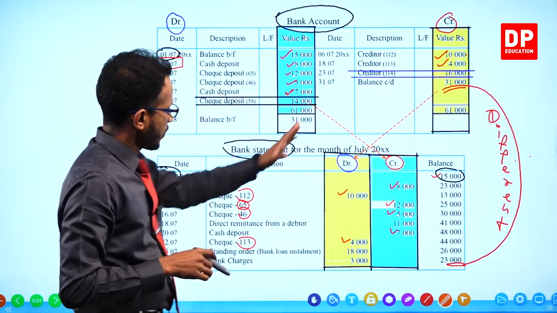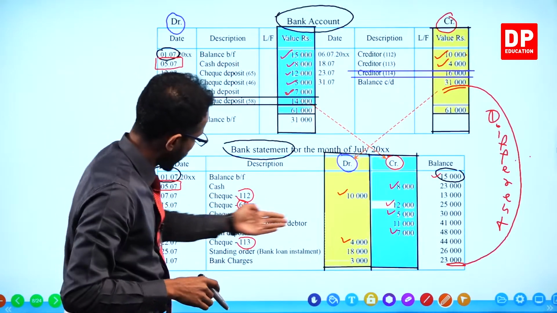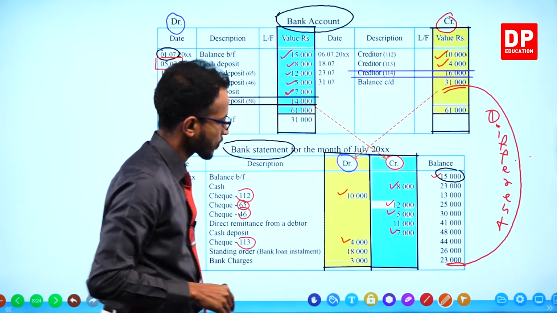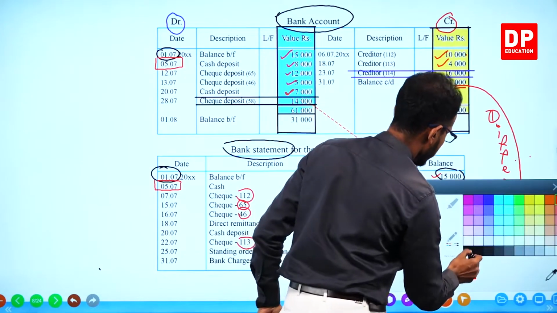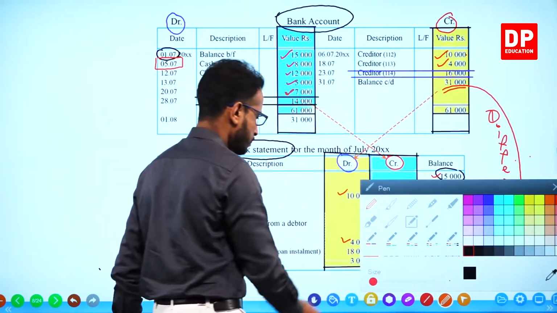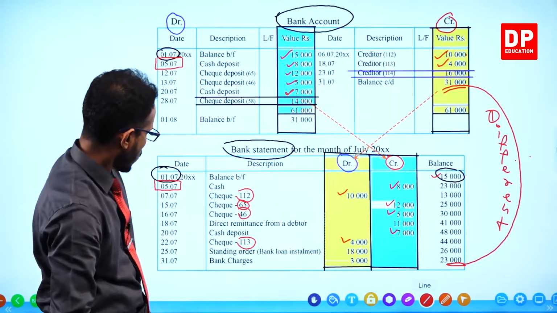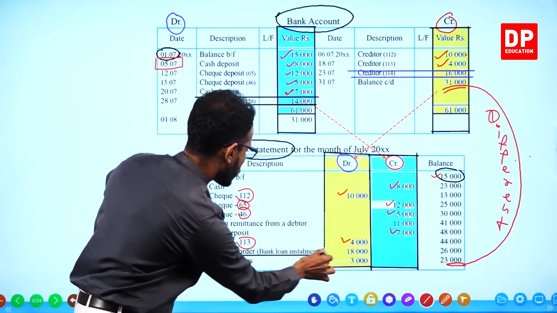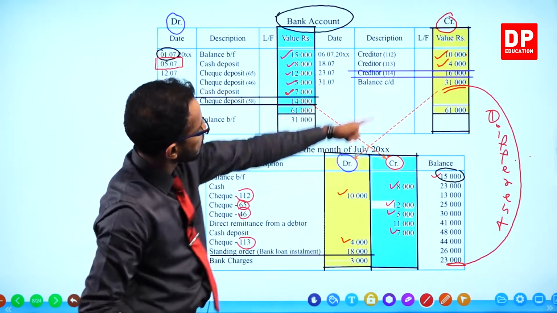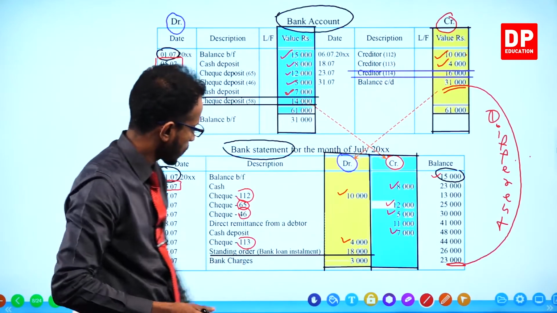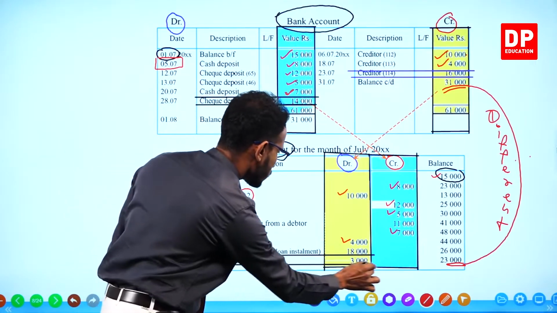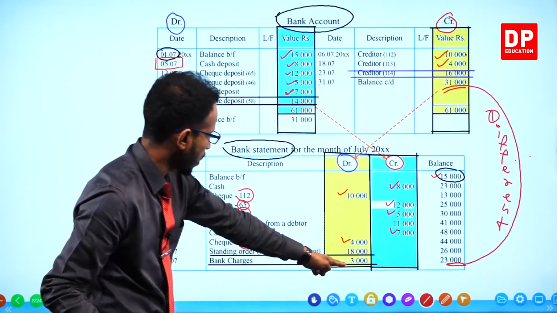Children, we noticed some more items in the bank statement here underneath. Let's mark them too. Standing order 18,000. It's not in our bank account. Finally, bank charges 3,000.